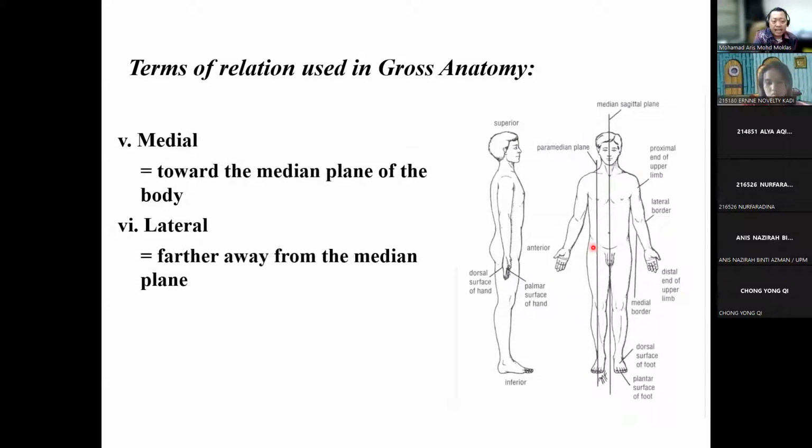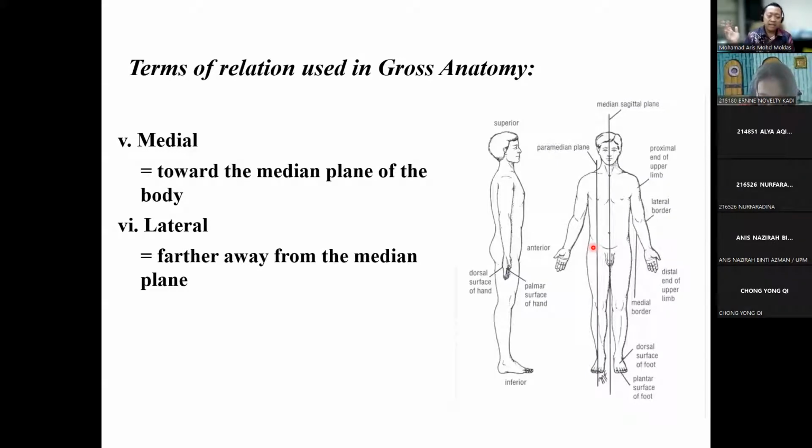Now, medial and lateral. Remember the median plane just now? Medial means towards the median plane of the body, whereas lateral means farther away from the median plane. When you're comparing two points, which one is located nearer to the median plane? The one that is nearer, we call it medial, or facing medial.